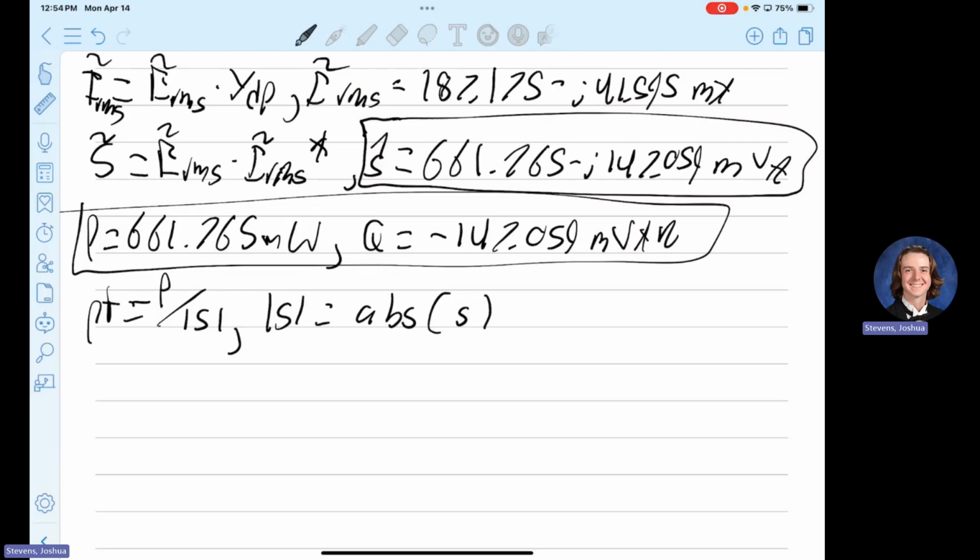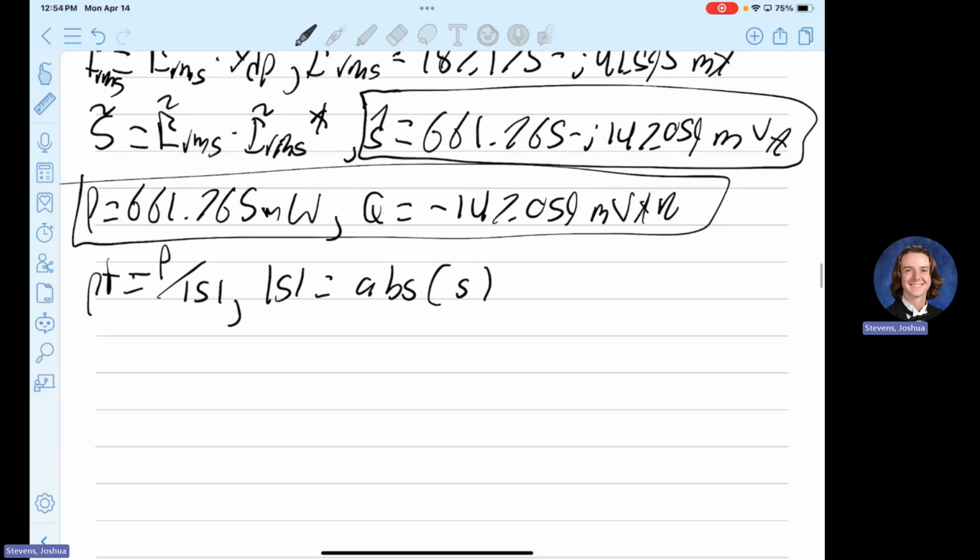So when I plug in the magnitude of this here and this here, I get a power factor of 0.976.